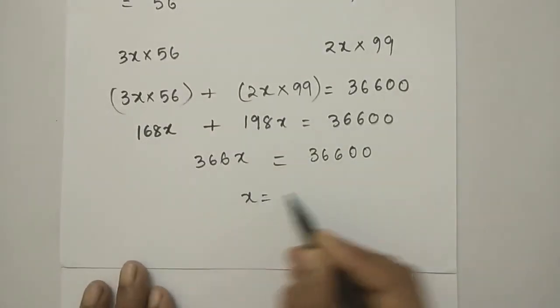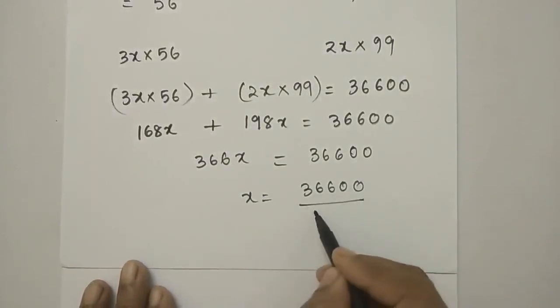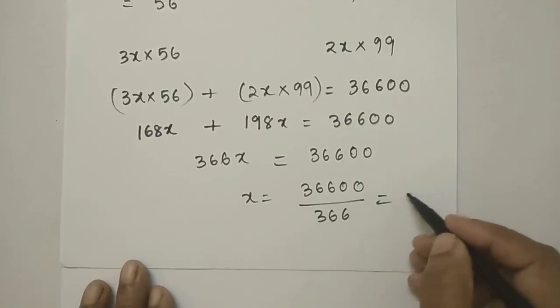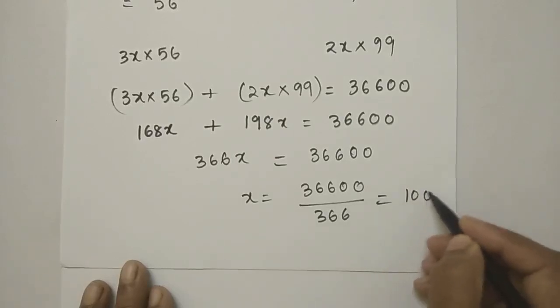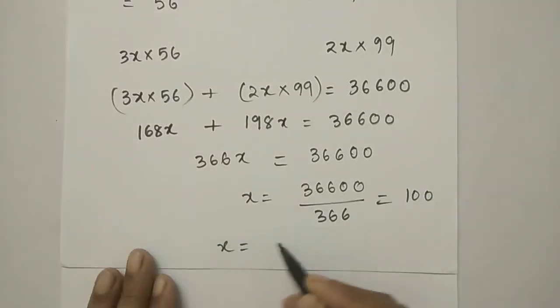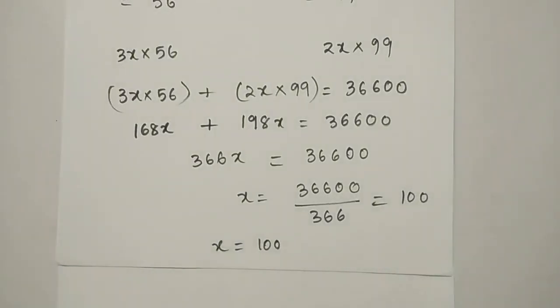Therefore x is equal to 36,600 by 366. This is nothing but 100, is it not? So we got the value of x as 100. 100 is nothing but the material. So we have to find how much trouser material he bought.